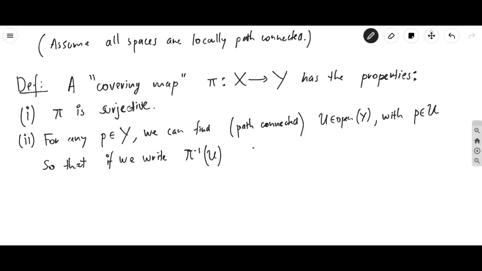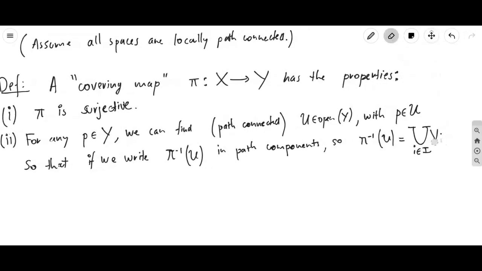So if we write pi inverse of U in path components, you can write it as a disjoint union. So the V_i are, of course, open sets in X. And the reason why you know they're open sets in X, by the way, is because, again, we're assuming our spaces are locally path connected.